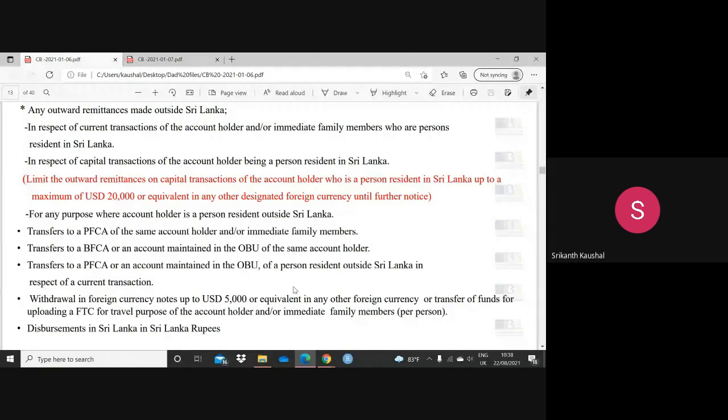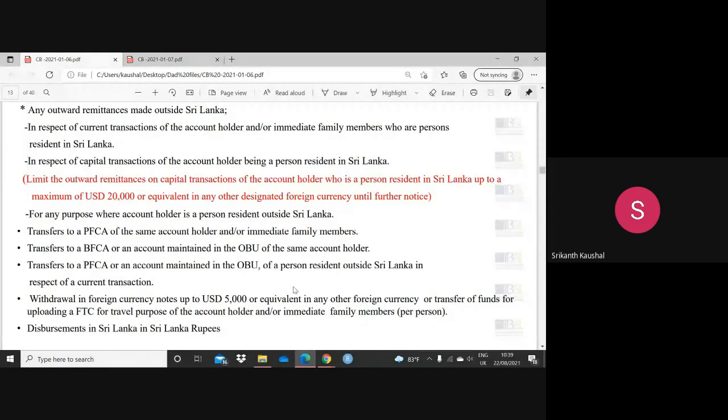Depending on the nature of the trip, the countries they visit, and the duration they stay, the bank can use discretion to decide how much to give each person. So each person is entitled only to 5,000. Earlier it was 10,000. Central bank has reduced it to 5,000 due to this difficult time prevalent.